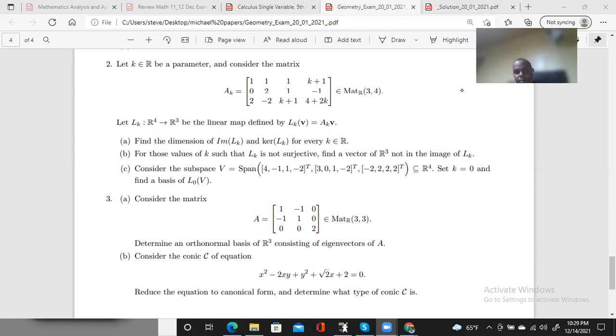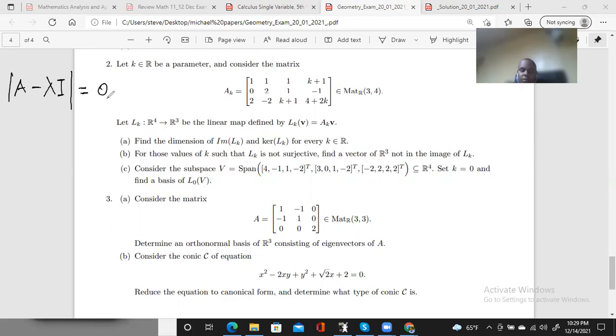To find the eigenvector, first of all, we need to find the eigenvalue of A before finding the eigenvector. So the eigenvalue comes from the determinant of A minus lambda identity equals 0.